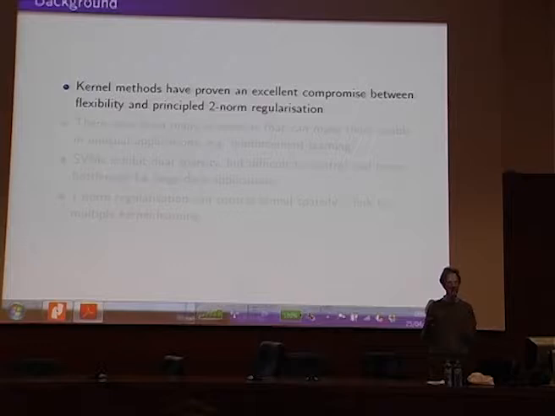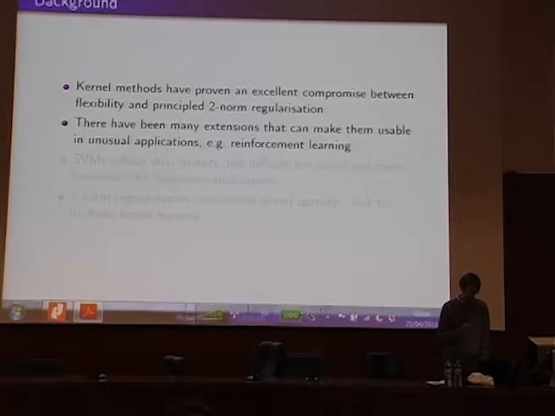I'm certainly not going to talk about that today, but I just wanted to put that in context. If you're in that situation with lots of data and you know that a deep learning architecture is the right architecture for that data, great. If you're in a situation where you're less certain and with less data, kernel methods are perhaps a good choice. So that's the background context.